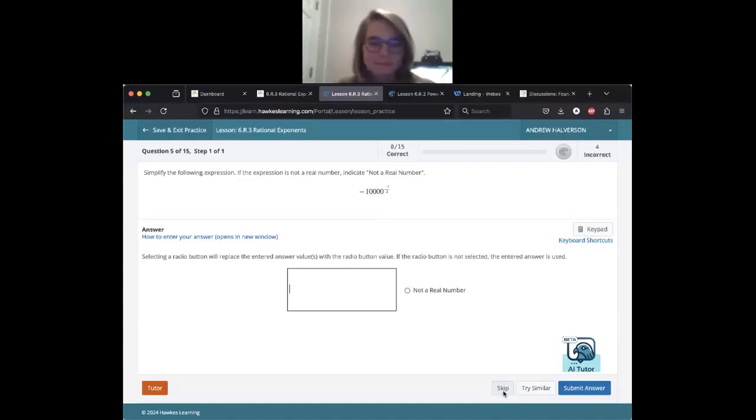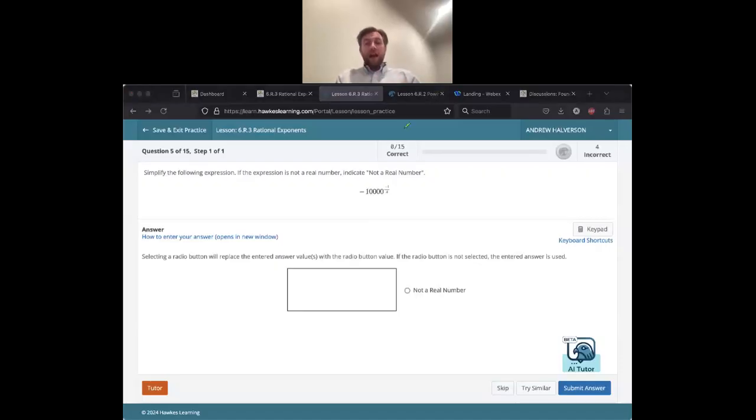So negative 10,000 raised to the negative 1/4 exponent. The negative matters. The minus in front is not being raised to the negative 1/4 power. So you would treat this as negative 1 times 10,000 to the negative 1/4 exponent, because the negative is not grouped with the 10,000.